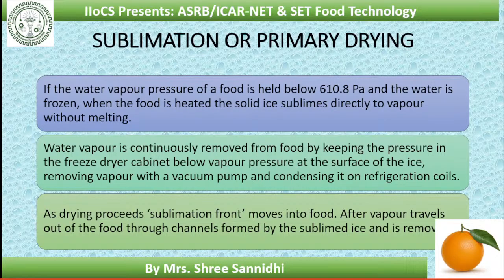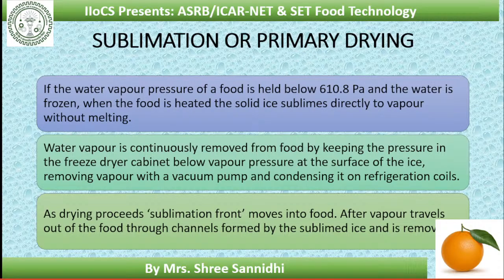So we are reducing the pressure and then we are heating the food. Okay, when the pressure is reduced, the heating temperature is also reduced. That's why the ice sublimes directly to vapor without melting.